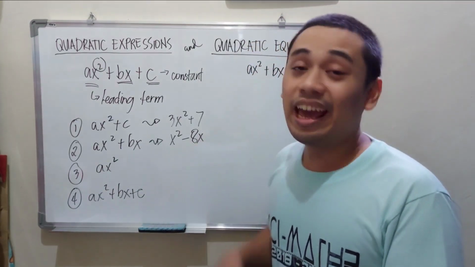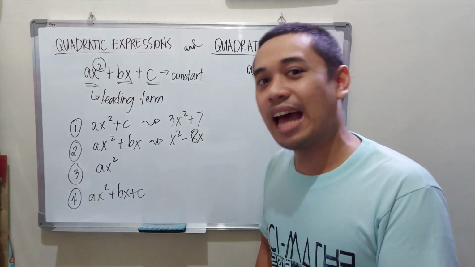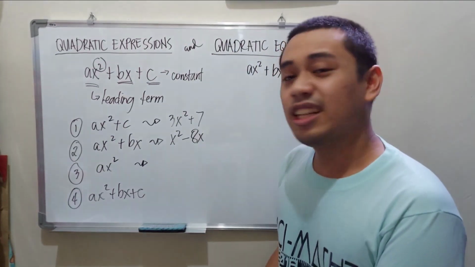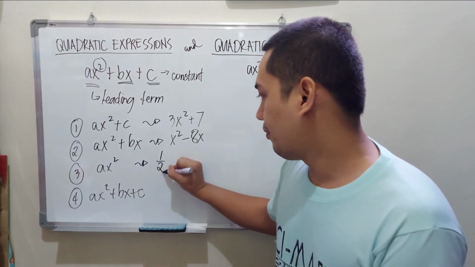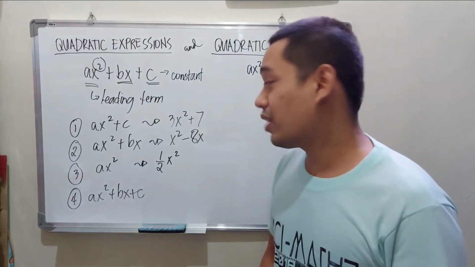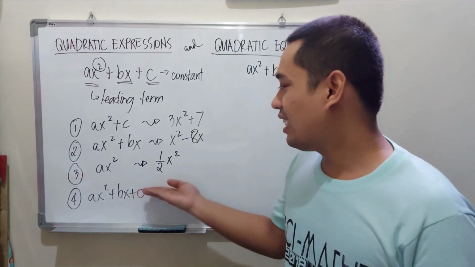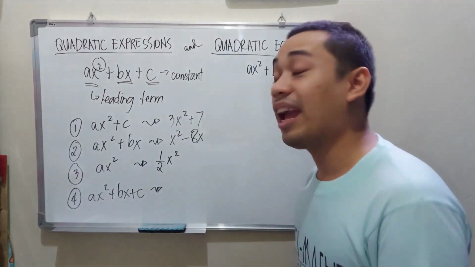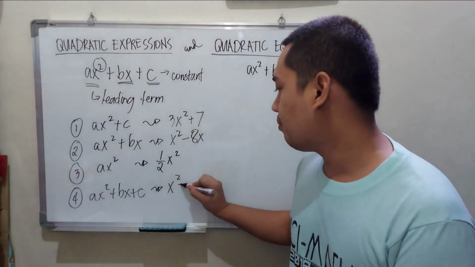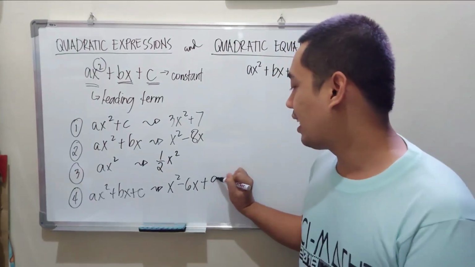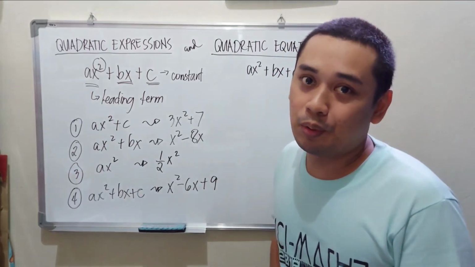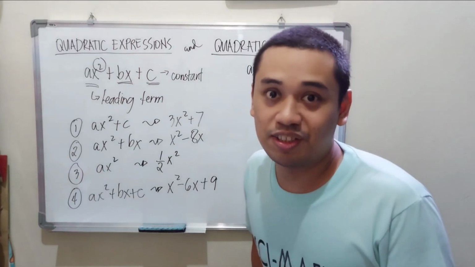So, when we say x squared minus 8x, we just add negative 8x to x squared. Ax squared. Let's have 1/2 x squared. That is already an example of a quadratic expression. Lastly, the complete set of the general form ax squared plus bx plus c we can have it as x squared minus 6x plus 9. Ayan po ang mga iba't ibang variations and examples po ng quadratic expressions.